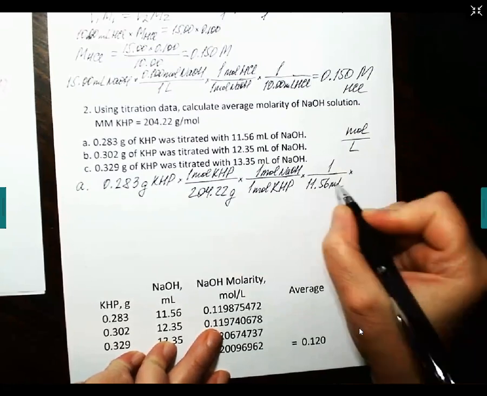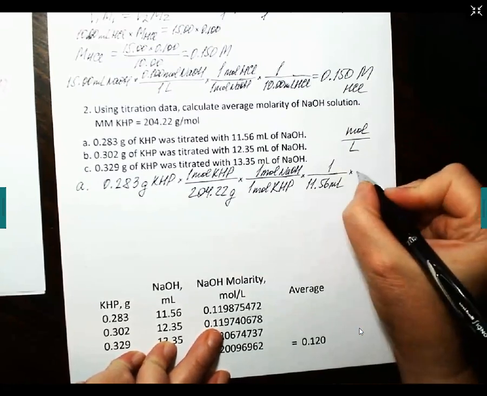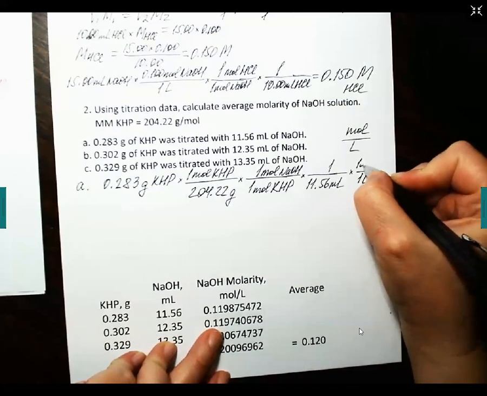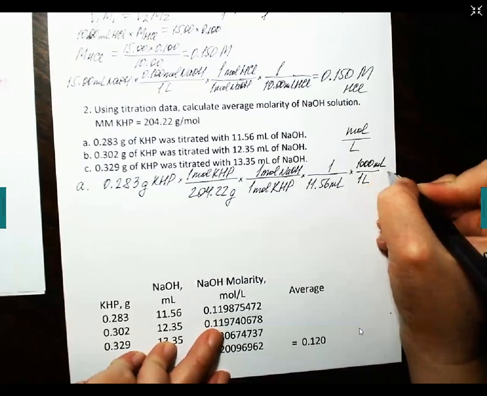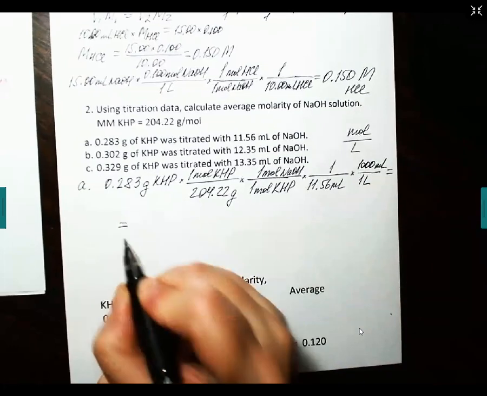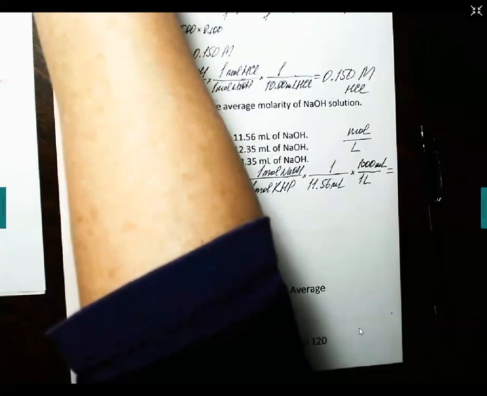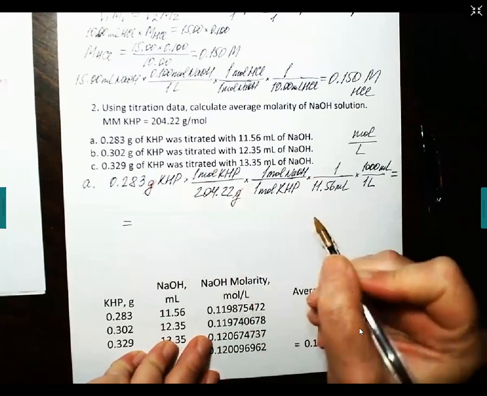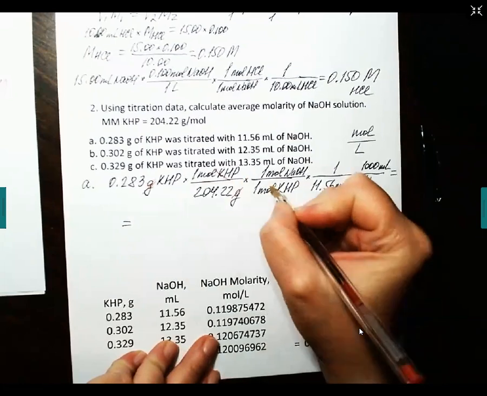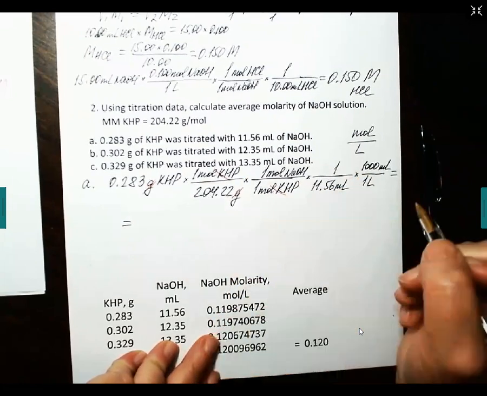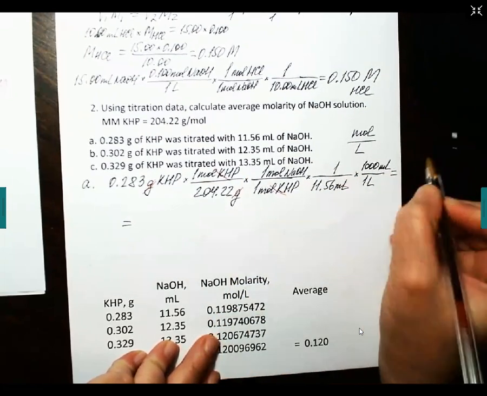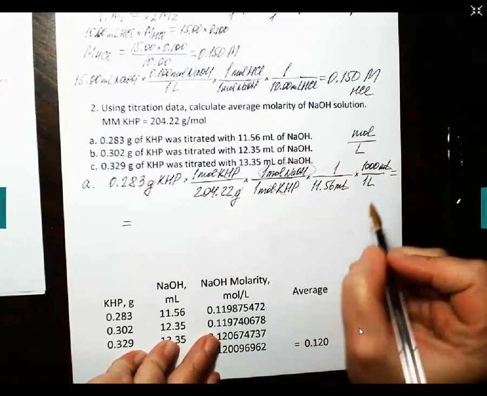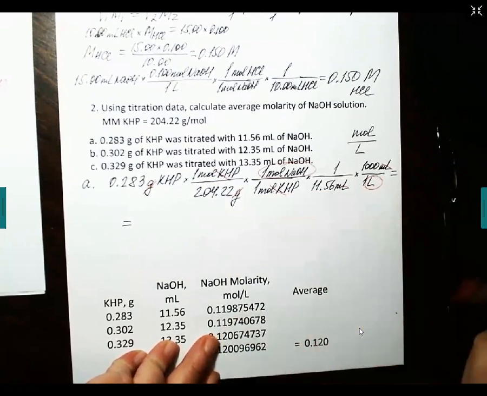But molarity is moles per liter. So we need to convert these milliliters into liters. 1 liter, 1000 milliliters. So grams and grams cancelled, moles of KHP cancelled, milliliters and milliliters cancelled, and now we have moles of sodium hydroxide per liter.